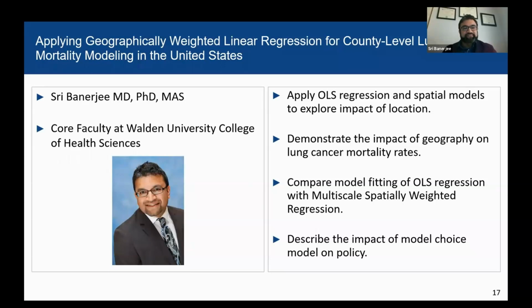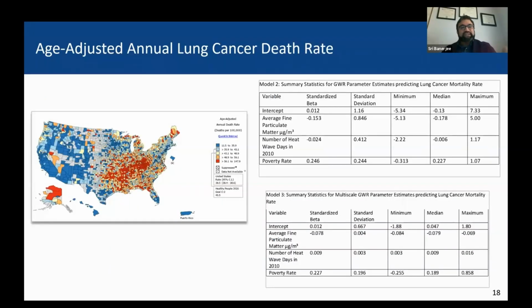Next slide, please. Okay, so this is kind of a busy slide, a lot going on, so I apologize for that in advance. On the left, you can see the lung cancer mortality rates, deaths per 100,000, so population is already taken into consideration. In the center of the country, over in the Midwest, there are much higher death rates than in California or the Western region.